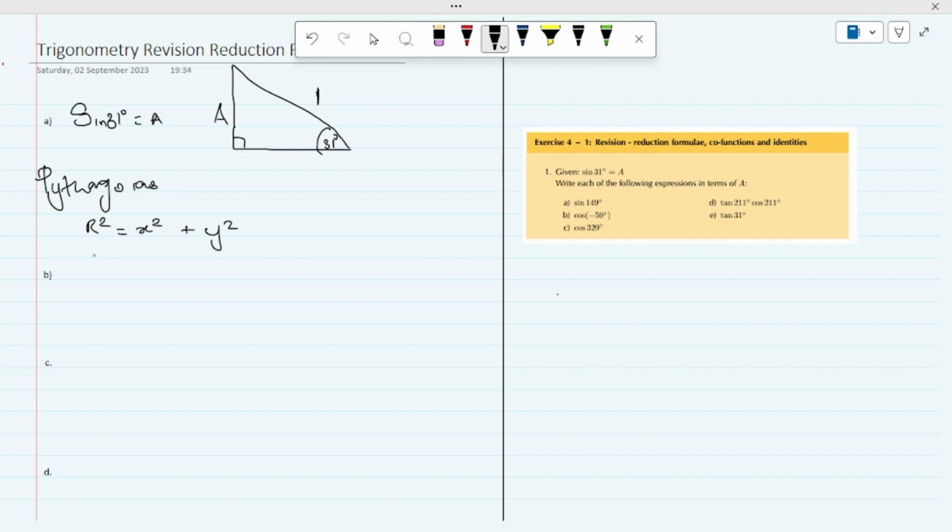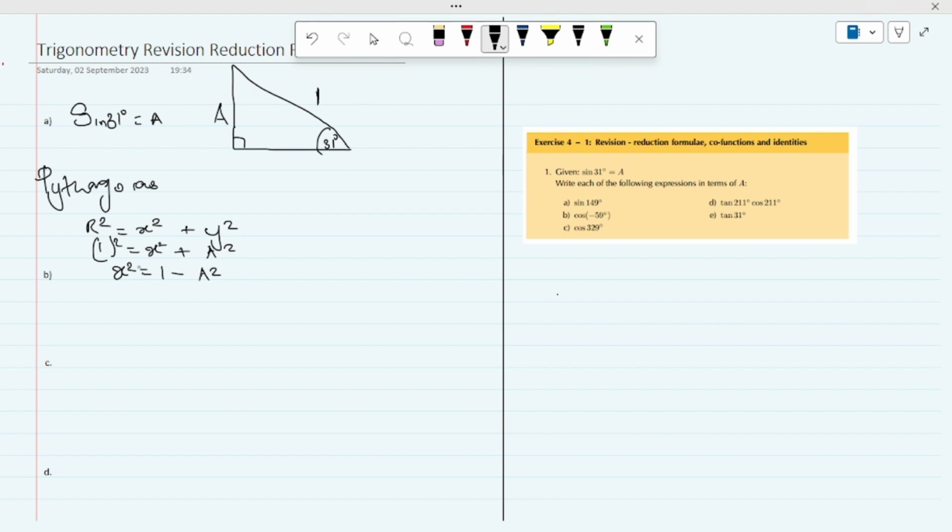Since you know that our hypotenuse is 1, it's going to be 1 squared is equal to x squared plus a squared, because the vertical side is a. So to get x, x squared is equal to 1 minus a squared.